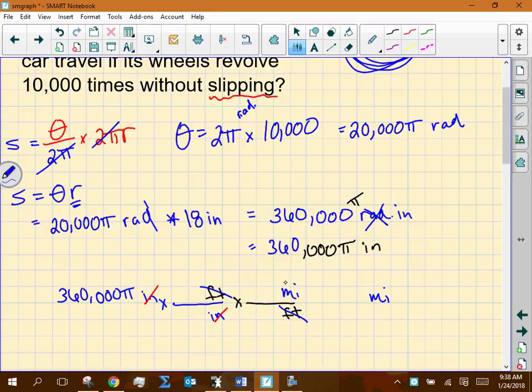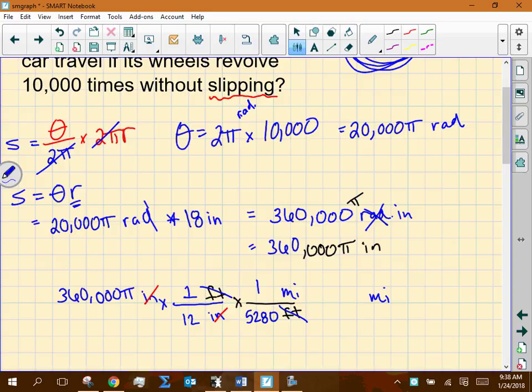If our units are wrong, our number doesn't matter. So I always make sure that those are correct. And then I go back and I put the factors in. 1 foot for every 12 inches, right? 1 mile for every how many feet? 5,280.